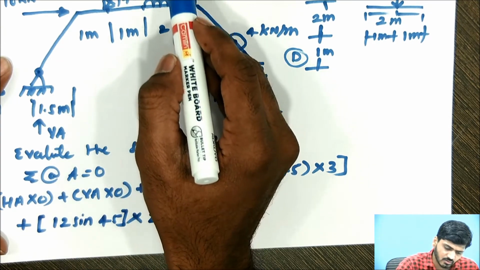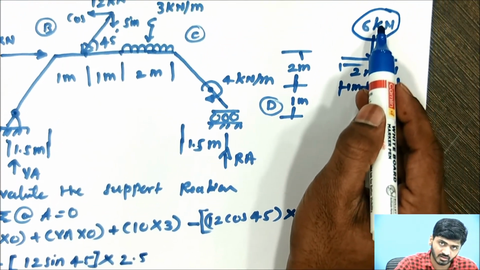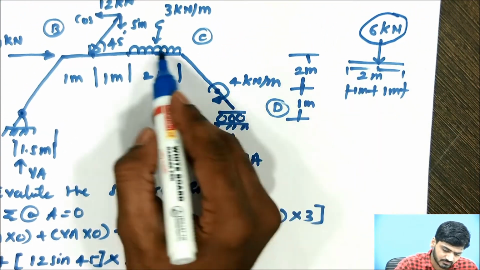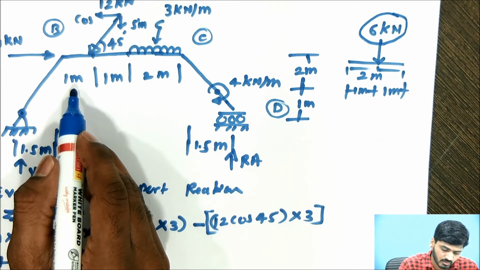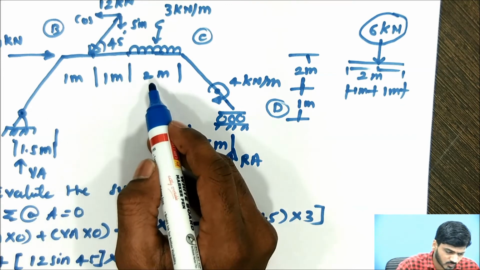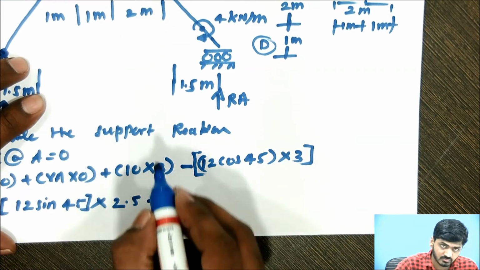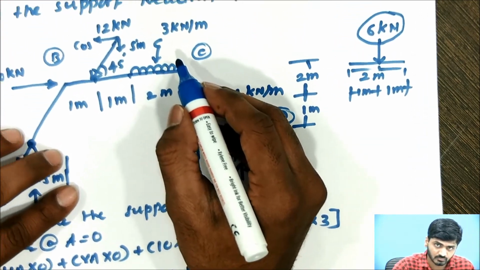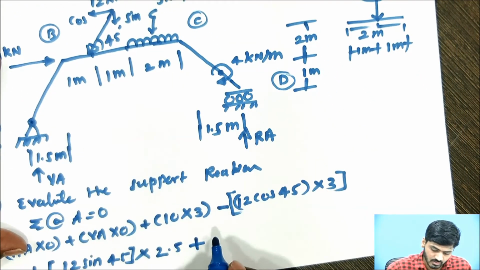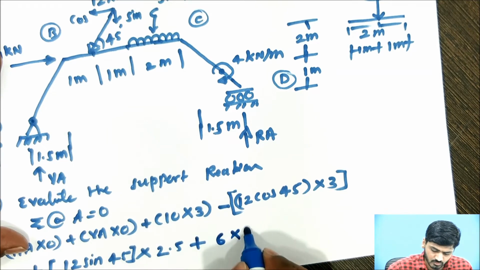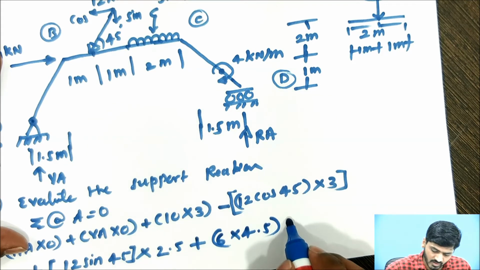Further, the 3 kilonewton per meter UDL we have converted to 6 kilonewton. This 6 is multiplied by the total distance 1.5 plus 1, 2.5, plus 1, 3.5, plus 1, 4.5. Here also it moves in a downward direction, so we consider the positive sign, creating a clockwise rotary effect: plus 6 into 4.5. The couple is clockwise, plus 4.